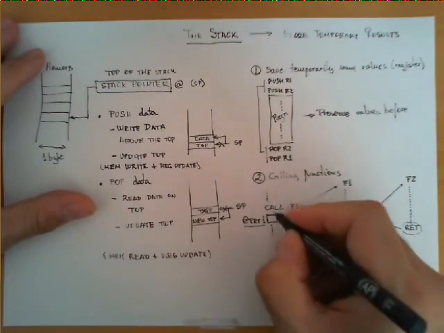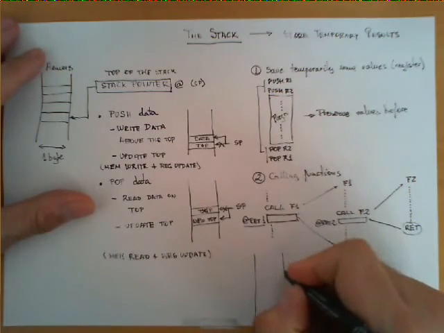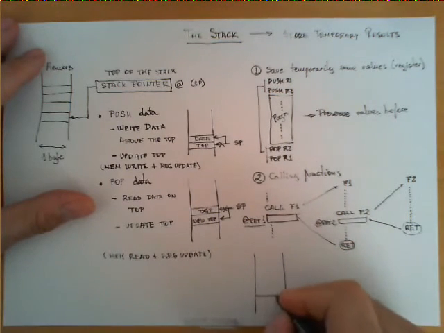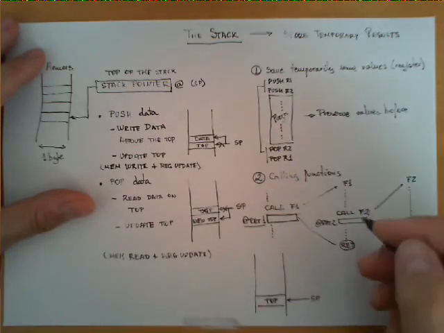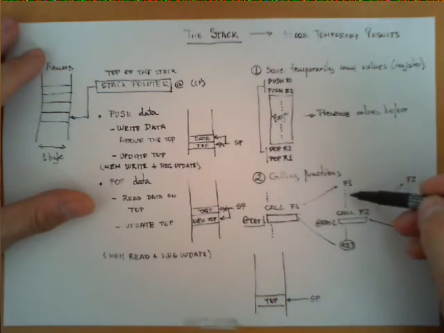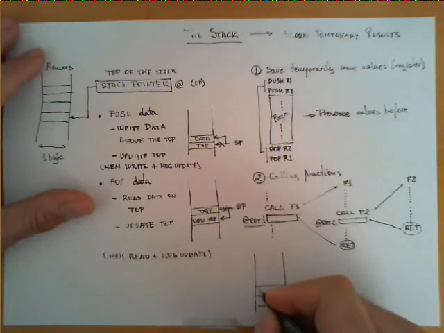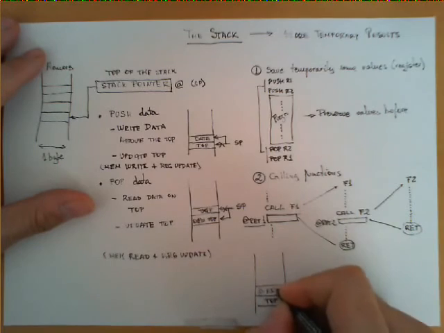So what happens when I do this first call is we push in the stack. So suppose this is the stack, and I have initially the top pointing here with my stack pointer. So whenever I make a function call, since I need to go and now execute F1, but I need to remember this value temporarily, what I do is I write it on top of the stack, address return 1.